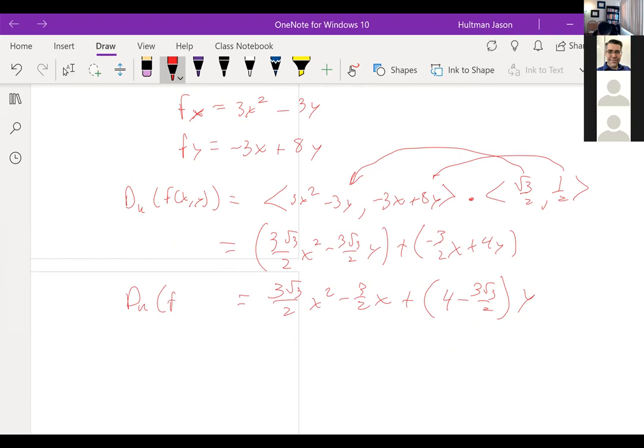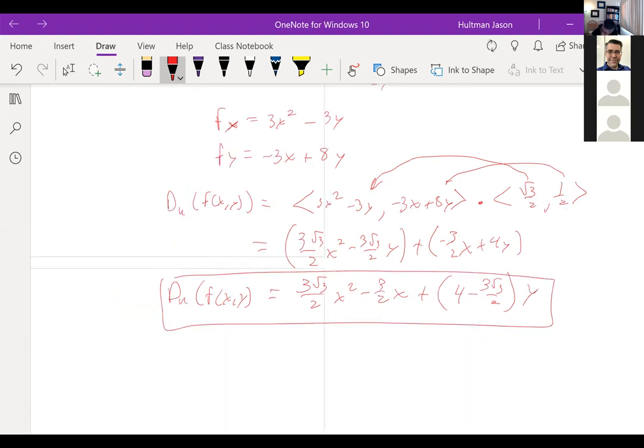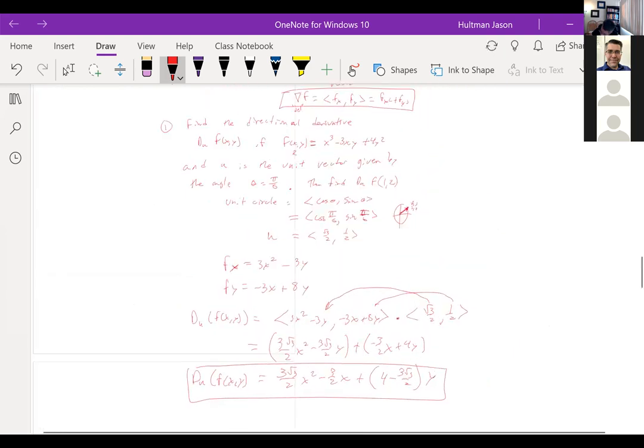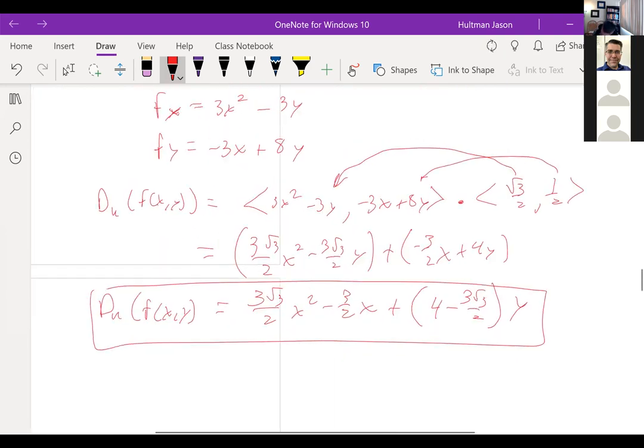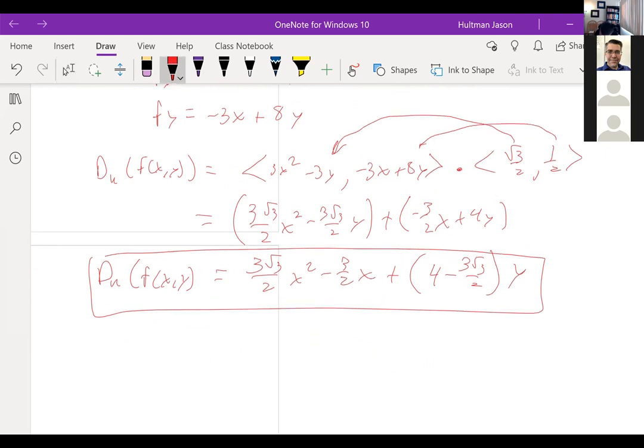Okay, the directional derivative. I could leave it here. But now they're saying we want to evaluate this for a value. What's the value? 1, 2. So we want the directional derivative in the direction of pi over 6 at the point 1, 2, and then whatever z is going to be here.